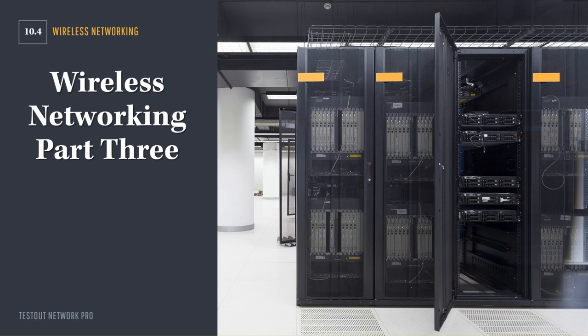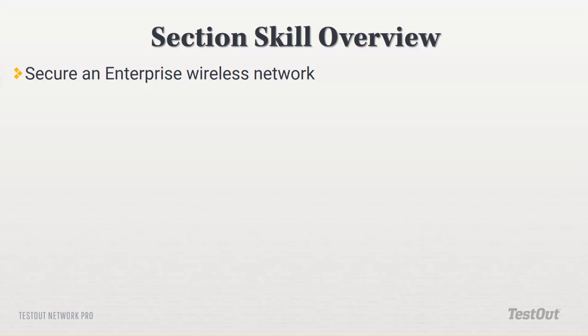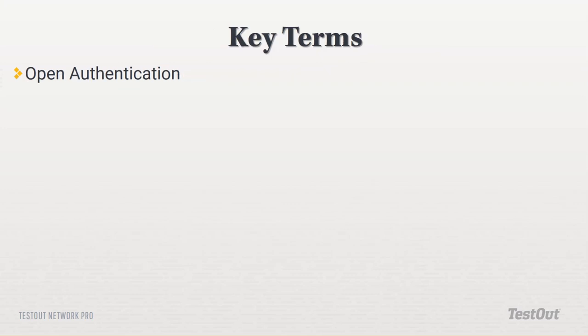So, right now, again, we're talking about wireless security, wireless networking, and a whole bunch of other stuff. The first thing we want to do is learn how to secure an enterprise wireless network as well as a personal wireless network or a small business wireless network.